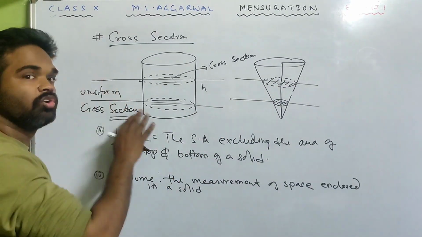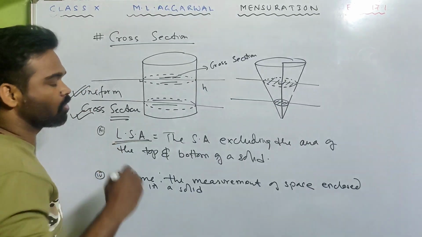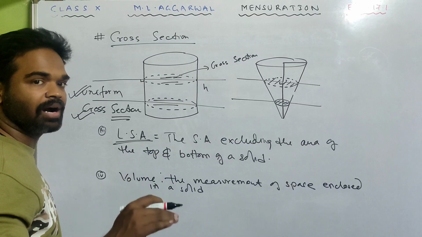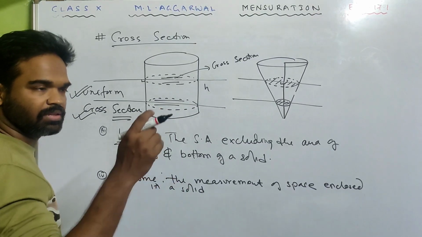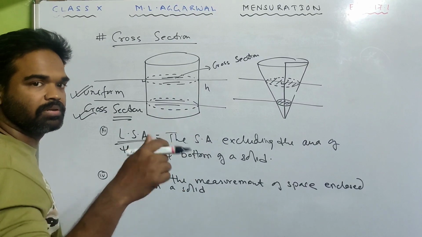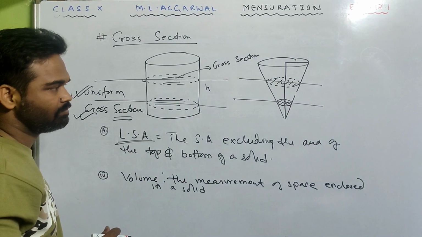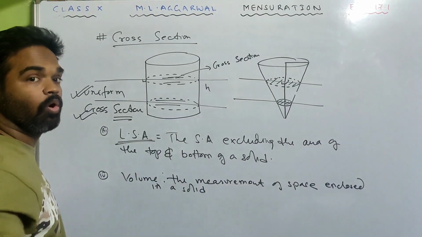In case of a cuboid, a cube, they also have uniform cross section area, because wherever you make a cut perpendicular to the length, breadth or height, you see that the area exposed is the same. Am I clear? This will be useful when we find the volume.